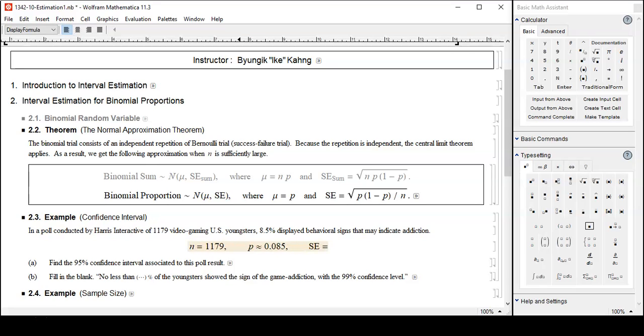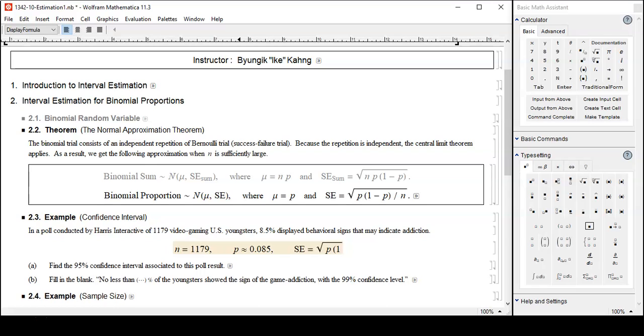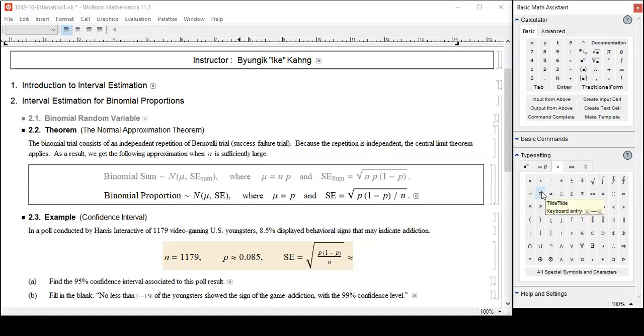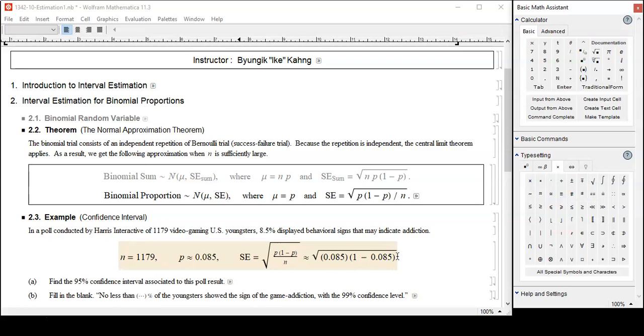Standard error is square root of p(1 minus p) over n. Therefore, it is equal to approximately square root of 0.085 times (1 minus of that), divided by 1,179.